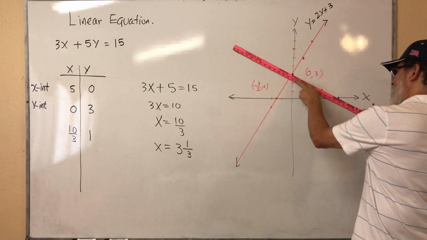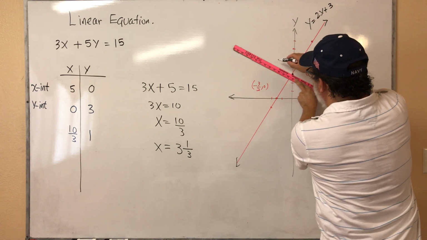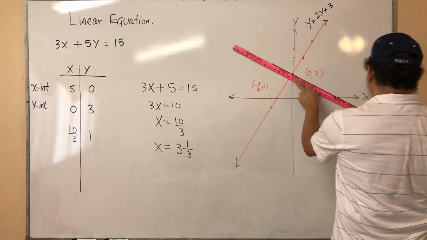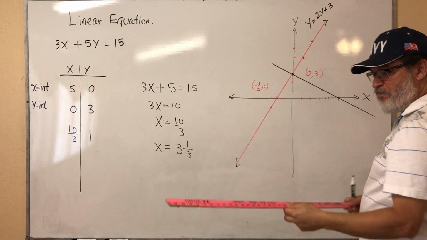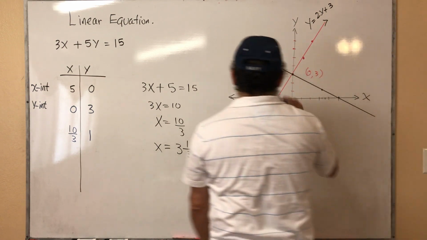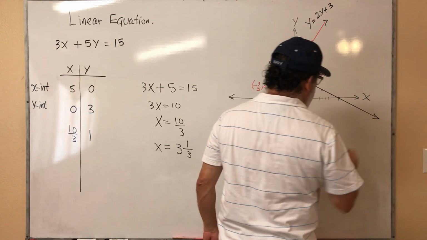There we go. And I'm going to graph this line. We're going to say that this line goes up infinitely and down infinitely.